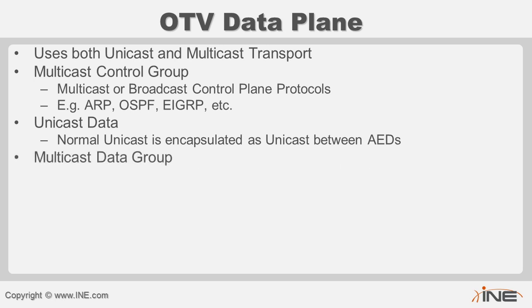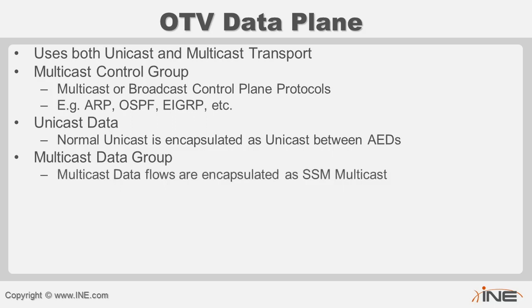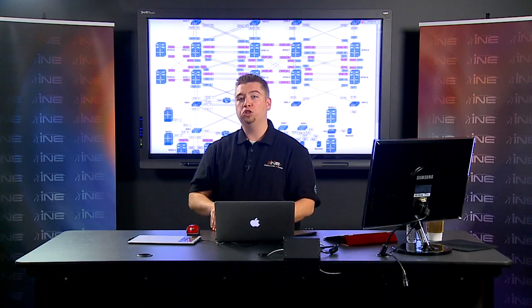Then we have the potential for actual multicast data flows, like video on demand. In this case, the multicast is going to be encapsulated as source-specific multicast, as SSM. This additionally implies that the authoritative edge devices, or the AEDs, must be using IGMP version 3 in order to generate the source-specific joins, or the S,G joins, in order to get us on the shortest path tree for the particular remote sender.